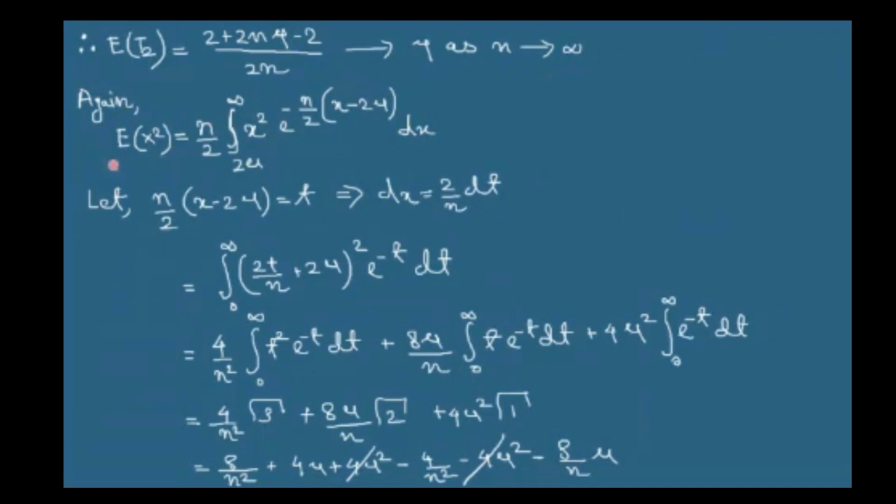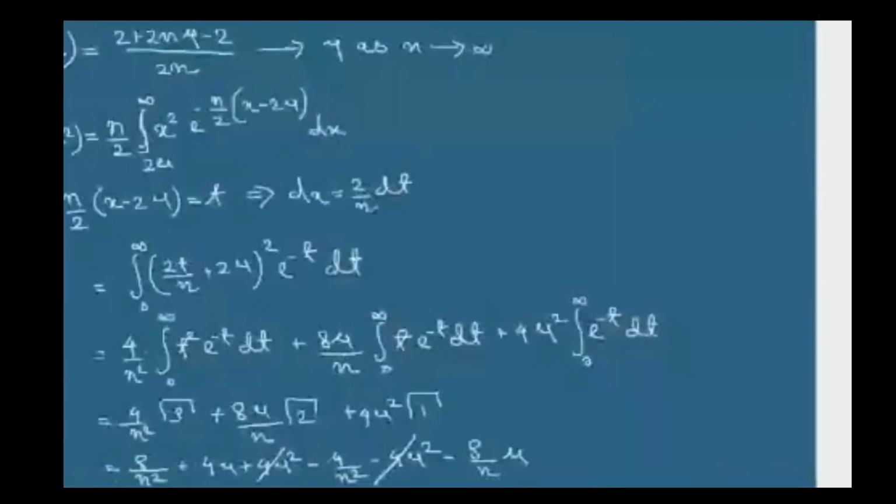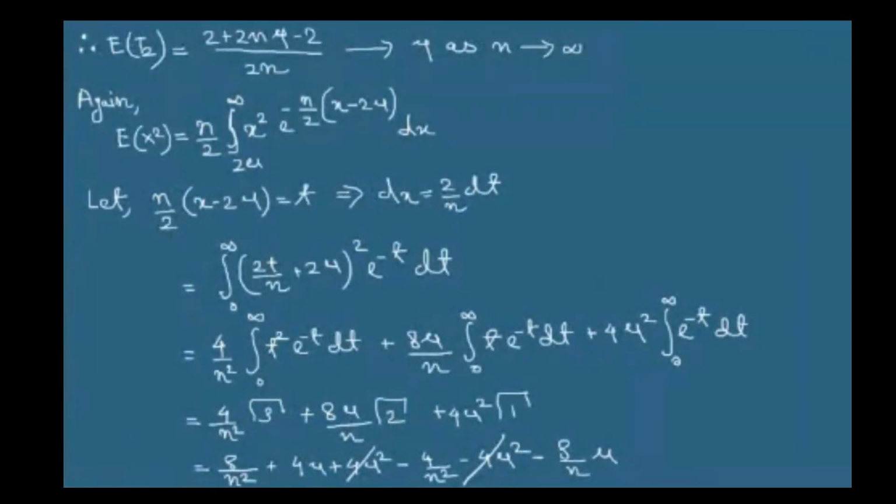Again, we will calculate the expectation of X(1) square, which is equal to this quantity. After doing the necessary transformations and cancelling the terms, we get the expectation of X(1) square as 8/n² + 4μ² + 4/n² - 8μ/n.